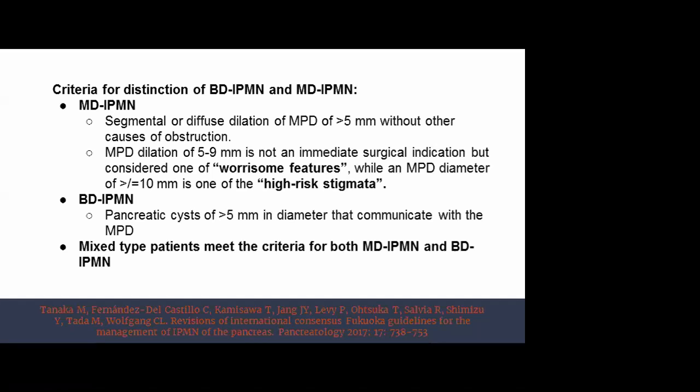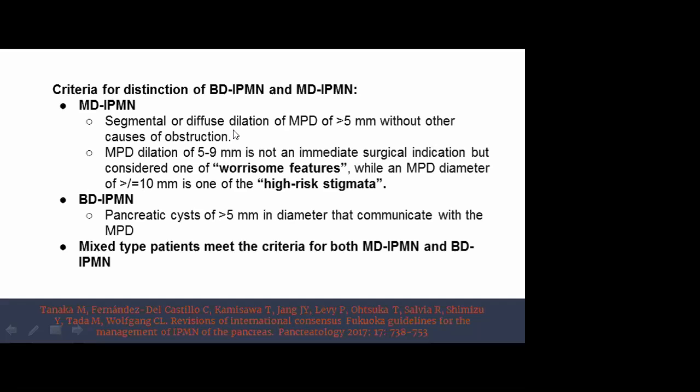Pancreatic cysts of more than 5 mm in diameter that communicate with the main pancreatic duct are considered as branch duct IPMN. Mixed type are those that meet the criteria for both main duct as well as branch duct IPMN. So, according to this criteria, a main duct size of more than or equal to 10 millimeters is a high risk stigmata that needs surgical resection, and a diameter between 5 to 9 mm is not an immediate indication, but is a worrisome feature that needs further evaluation.